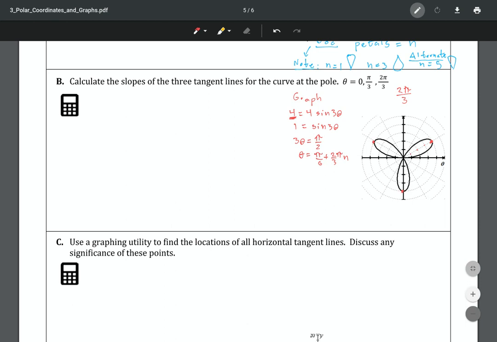If I keep going in a circle, you'll notice that I'll end up in the same place. And if you don't believe me, multiply 2/3 times 3, and you get 2 pi. All right, so once you have those 3 points, you can draw your petals from the pole, from the origin.